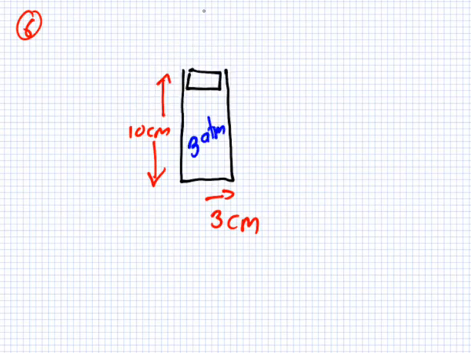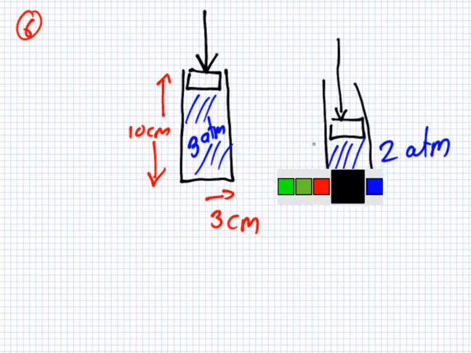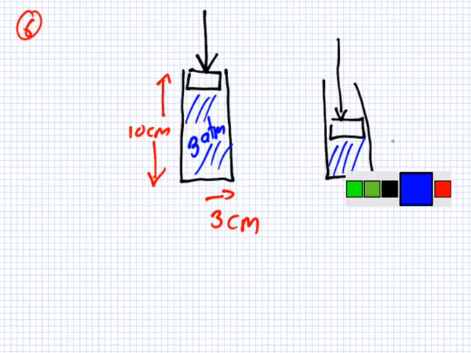Maybe I can put it in atmospheres. I'll just go to this conversion chart. Alright, what did you say the millibars were? 1003.4. So that's 100.3 kilopascals.